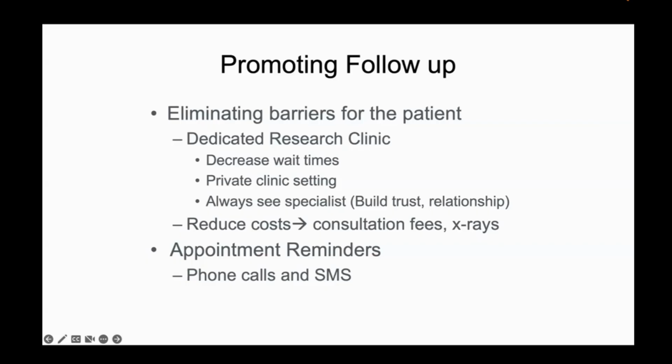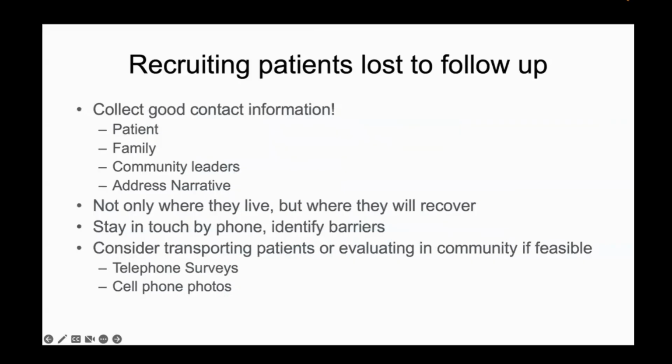follow-up visits, and making sure that we were implementing technologies available to patients, including cell phones, making sure that they were getting called up or using SMS reminders. How do we get patients who are lost to follow-up back? Well, you collect a lot of information right at the get-go, right? Patient information.